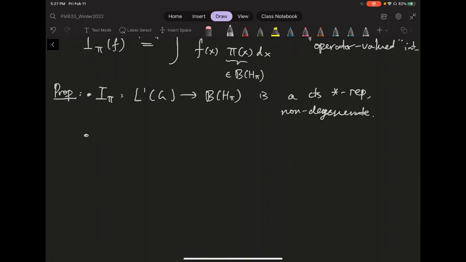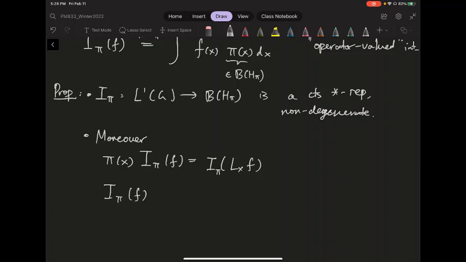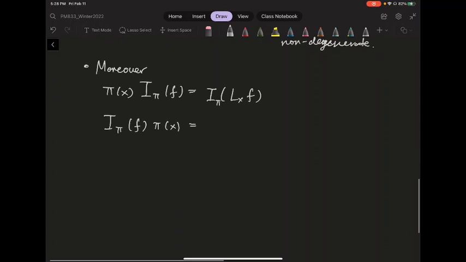And moreover, there are also some formulas I just want to write for now. So this is the first part, and the second part, I have moreover. If I consider pi of x and I do the I pi of f, what it does is essentially translate this f by x on the left. So essentially this is I pi of L_x f. And if I do it the other way, if I multiply I pi of f by pi x on the right, it looks like a right translation, but by something inverse, okay?